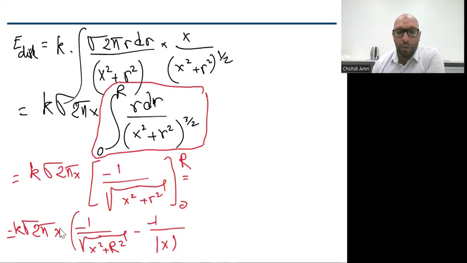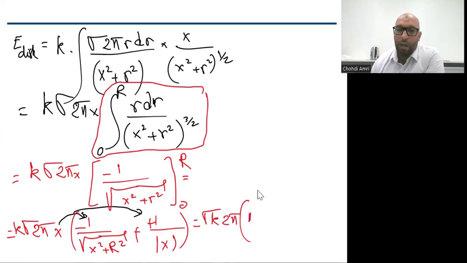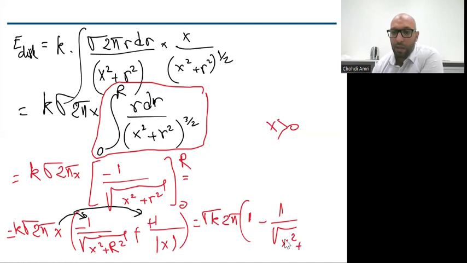Now, if we develop this, we will get sigma k 2 pi factor of negative and negative, which will be positive. x over x is 1. Our x is positive, so the absolute value of x will be x. Minus x over square root of x squared plus capital R squared, and we are done.